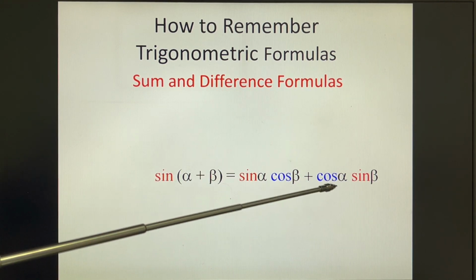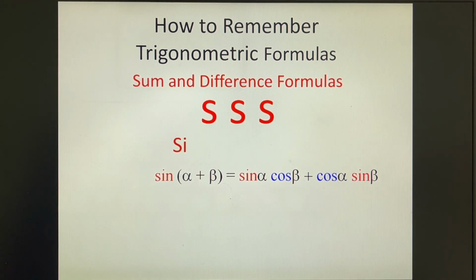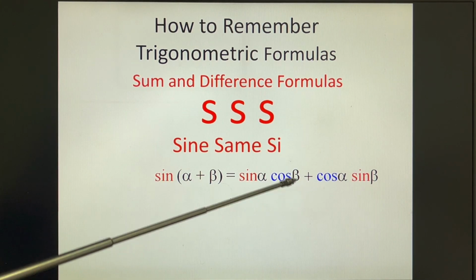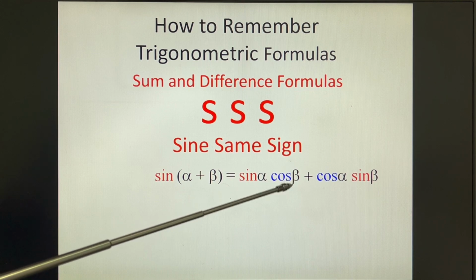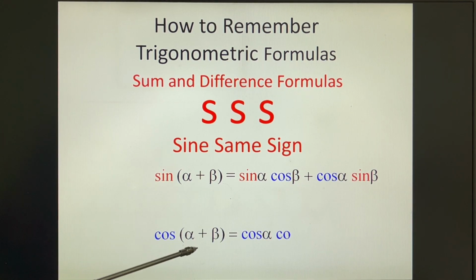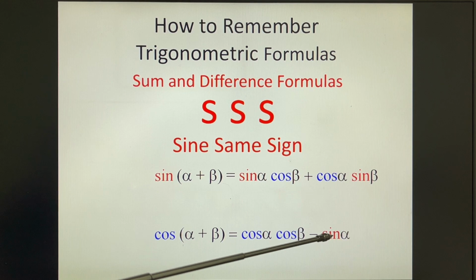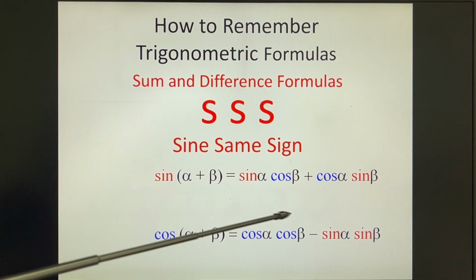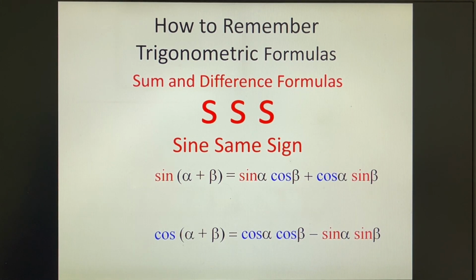Sine, same sign. The function is different. Sine, cosine, cosine, sine. And the cosine alpha plus beta is different. How different? The sign is different. And the functions are the same. Cosine, cosine, sine, sine.